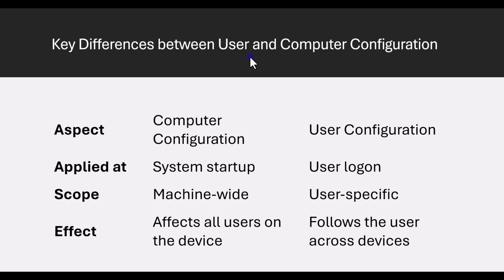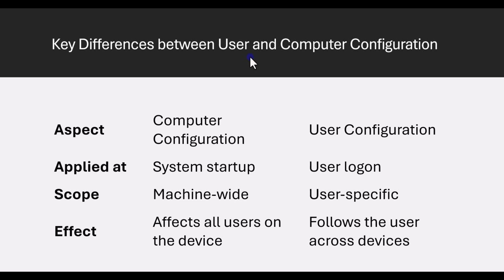In summary, computer configurations are applied at startup. User configurations are applied during user logon. Computer configuration is machine-wide, that is applied only on machines, and user configurations are applied on users. Computer configurations affect all users using that device, and user configurations follow that user across multiple devices.